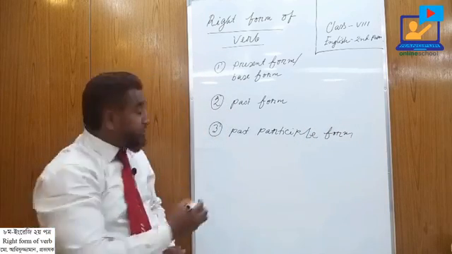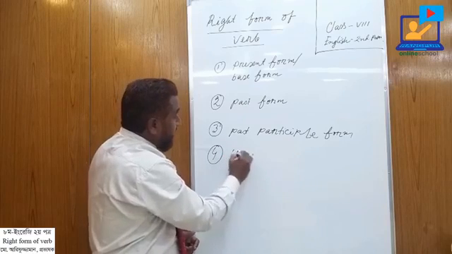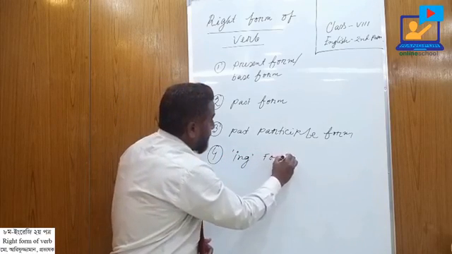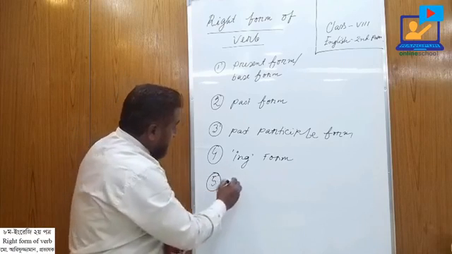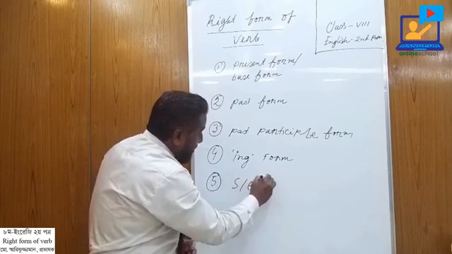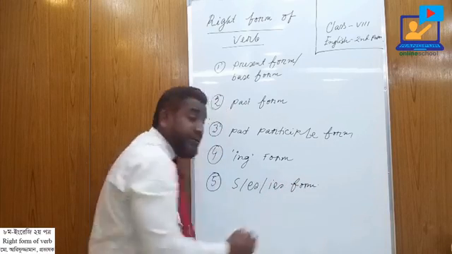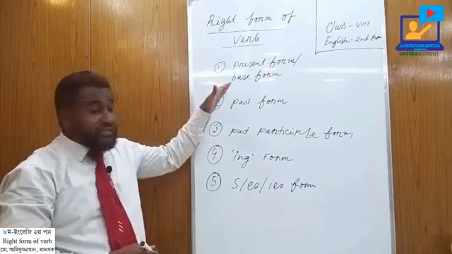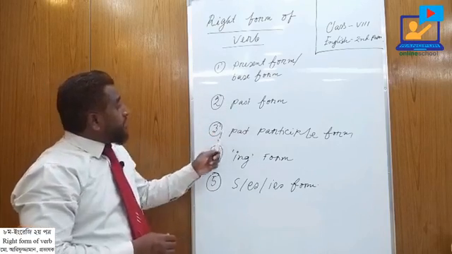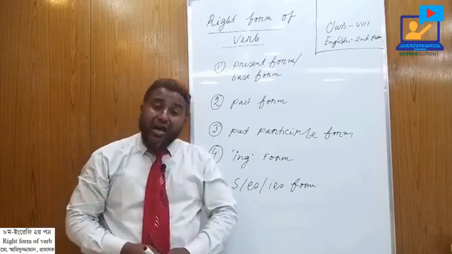Number 4, ing form. And another form is es or ies form. Okay, dear learners, have you understood? Present form or base form, past form, past participle form, ing form, es or ies forms.